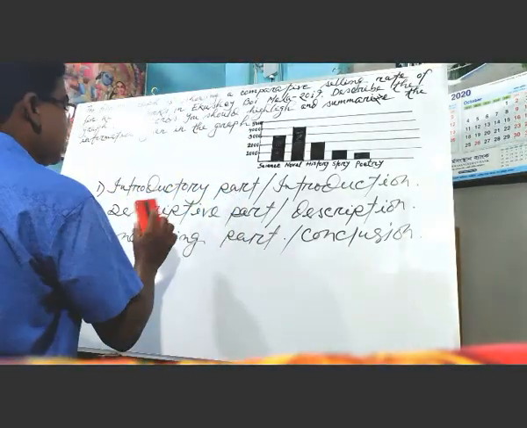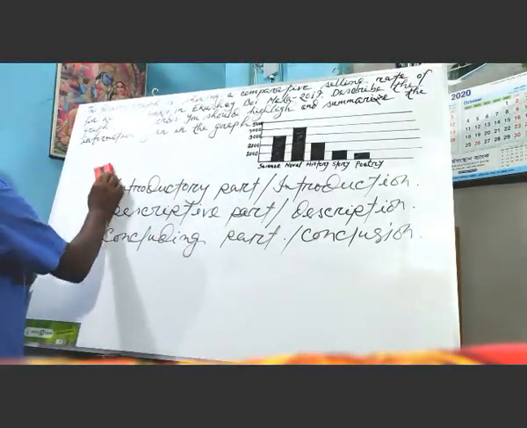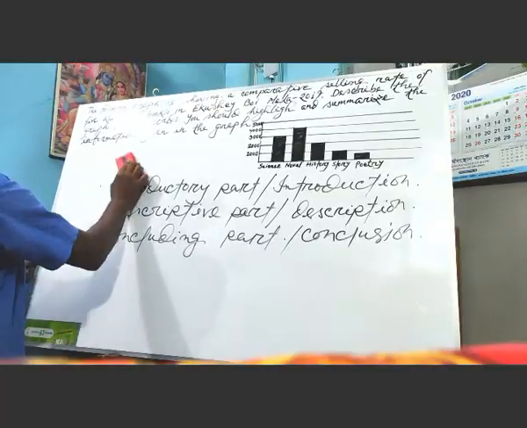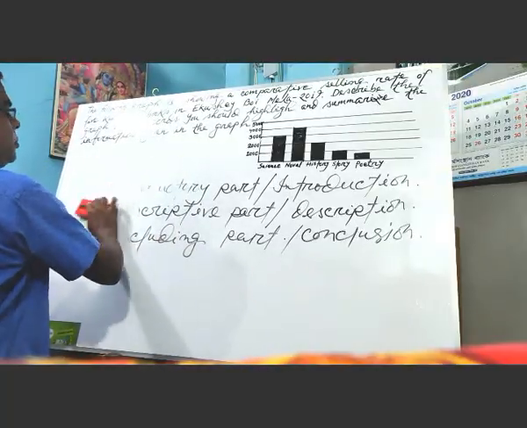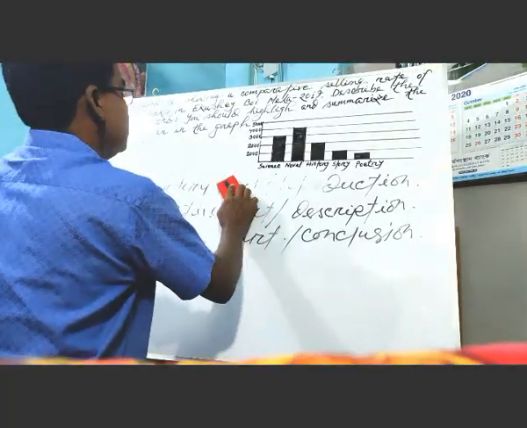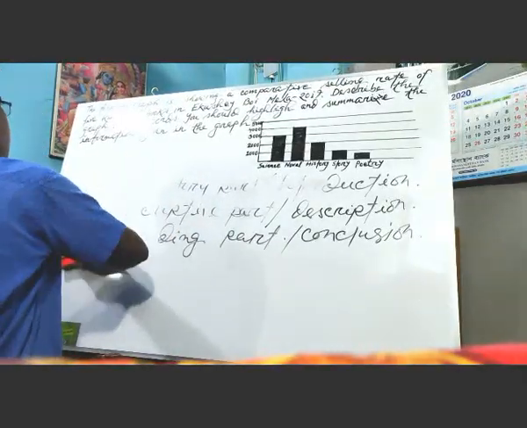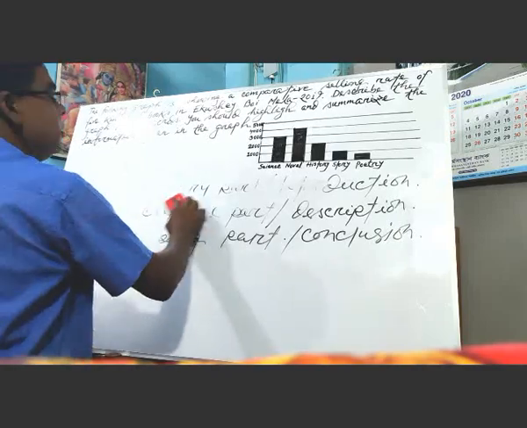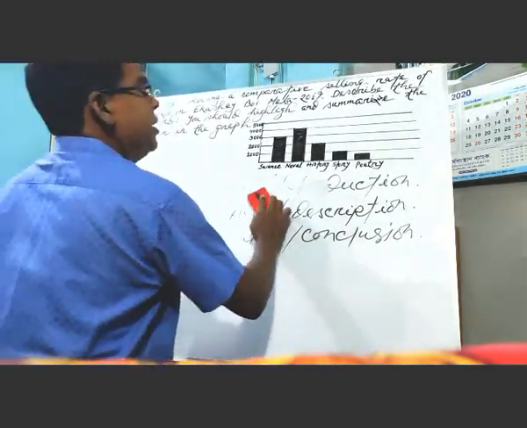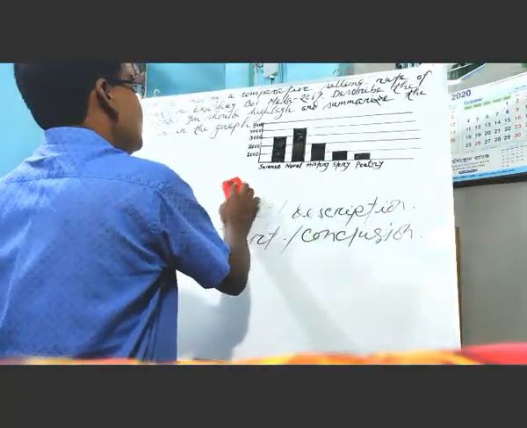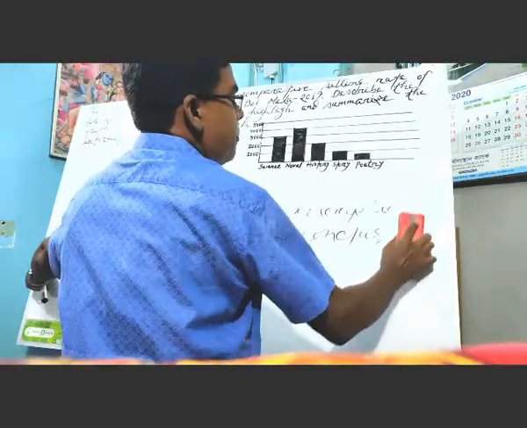So I am erasing now, and then I will start writing. So remember the techniques of the parts of writing a graph. First is the introductory part. Second is the descriptive part. Third one is the concluding part.